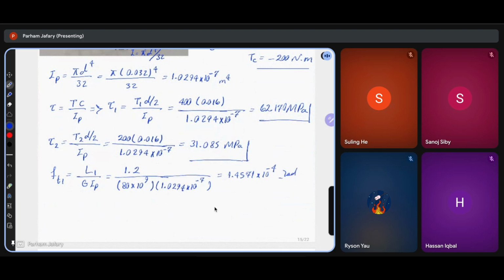The unit for this is radians per Newton meter.